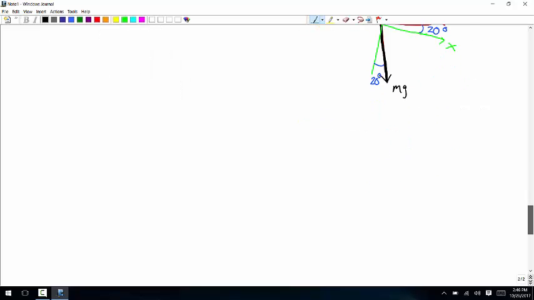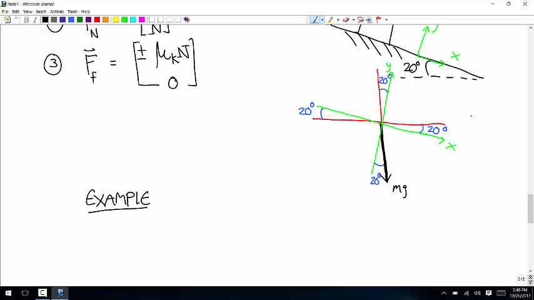Okay, so let's do an example. In this one, you would go from the positive x-axis all the way around to the weight force. So it would be 90, 180, 270, plus another 20, so 290. So in this one, theta would be equal to 290.